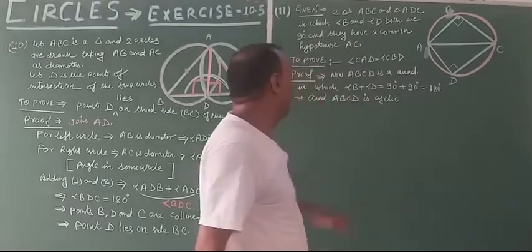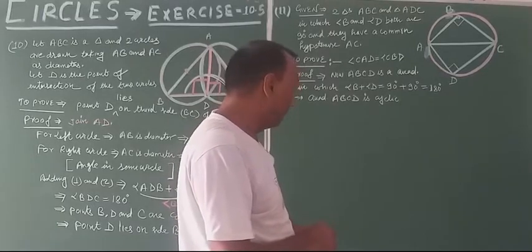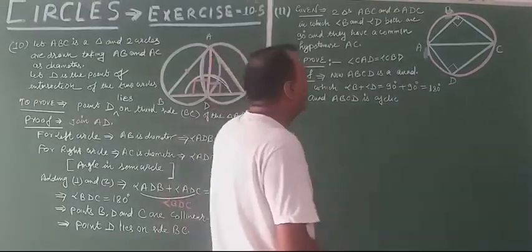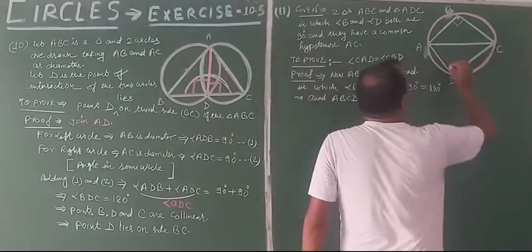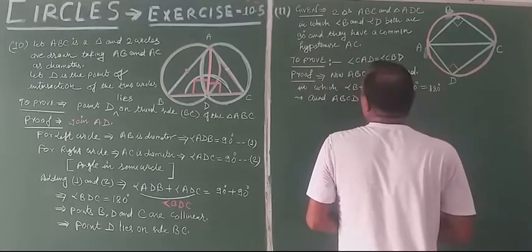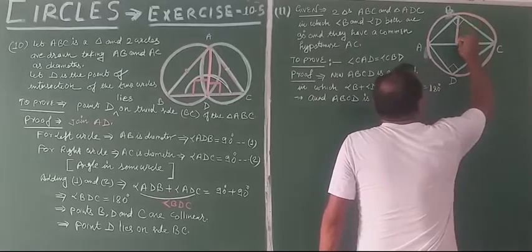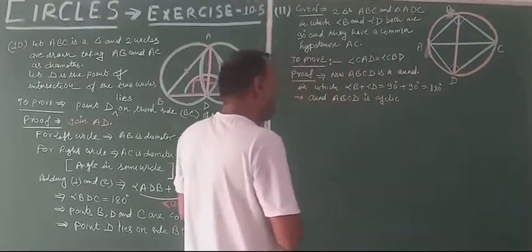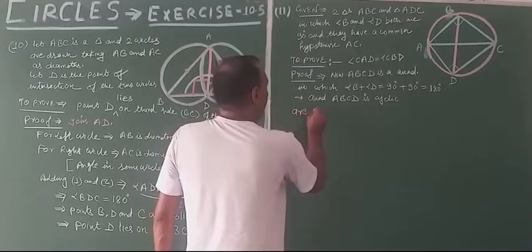What you have to prove? Angle CAD and CBD. CAD, this one, and CBD, this one. Now just look at the arc CD.